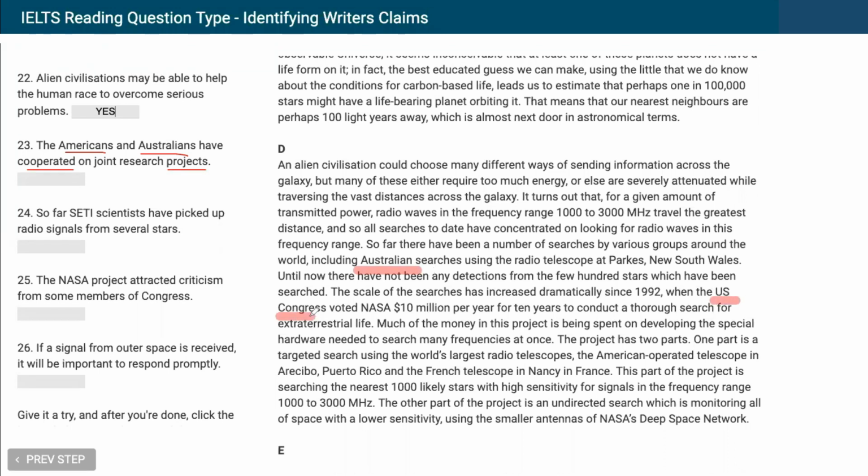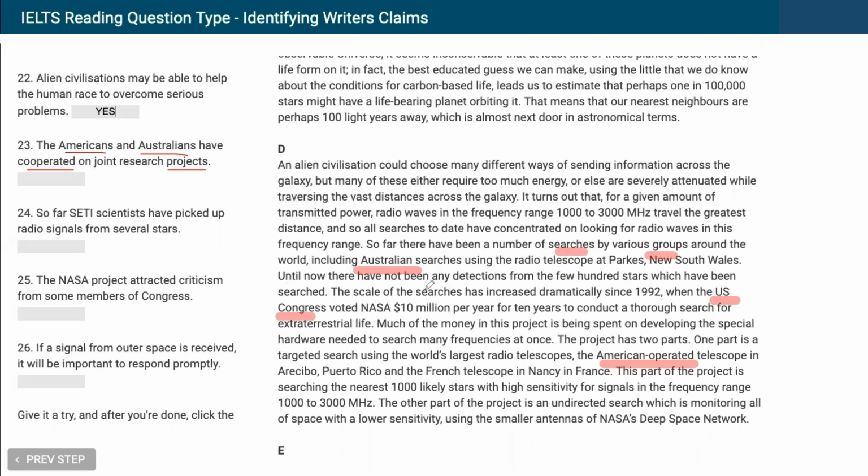So you see how it's a little bit difficult. US Congress is giving me an idea that perhaps information about Americans is in this section. However, we also see American here with American operated telescopes. So I'm going to give this a quick skim read. And I see so far there have been a number of searches by various groups around the world, including Australian searches.